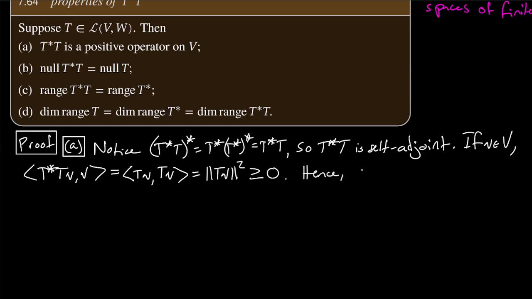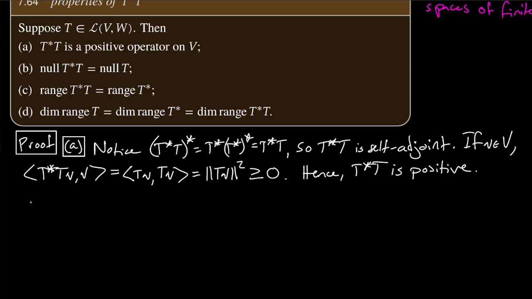Hence, T*T is positive. That it is a self-adjoint operator that satisfies the inner product of the operator times a vector with that vector being greater than or equal to 0. Okay, cool. So we got part A down.